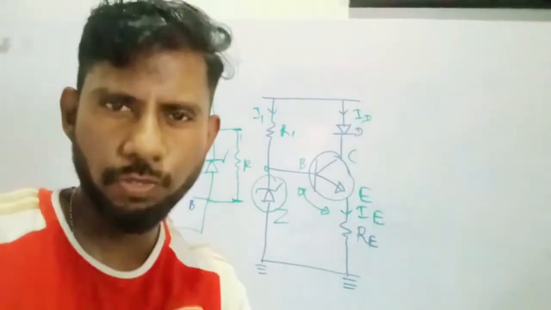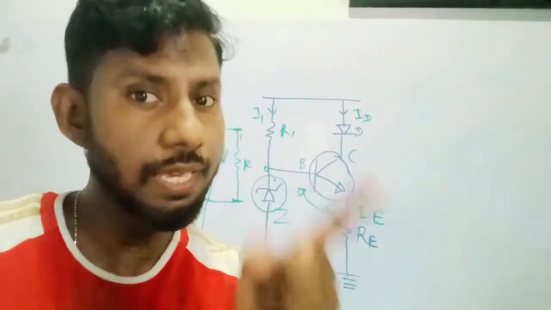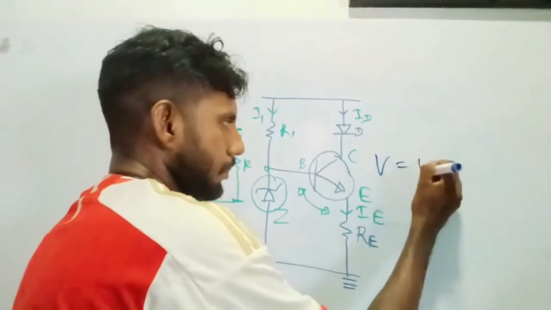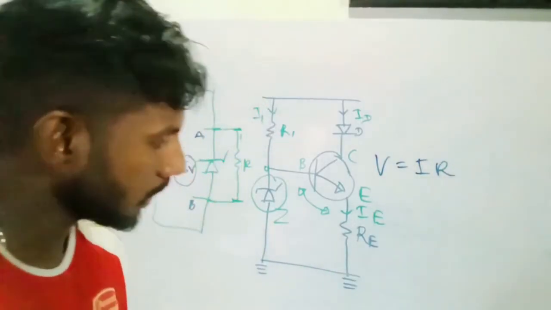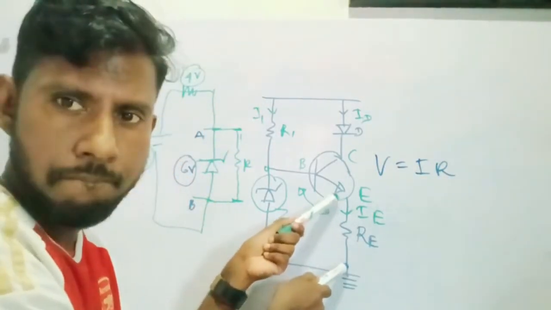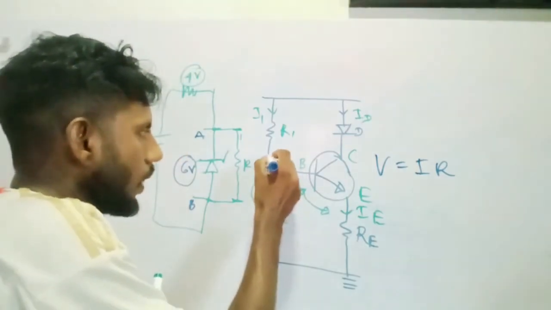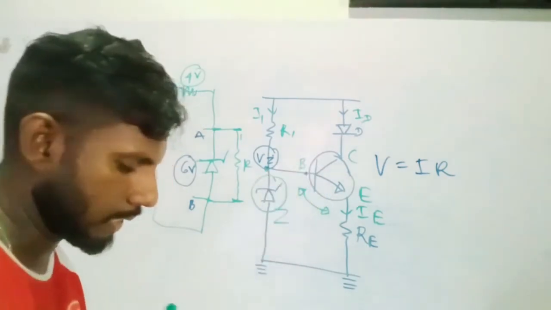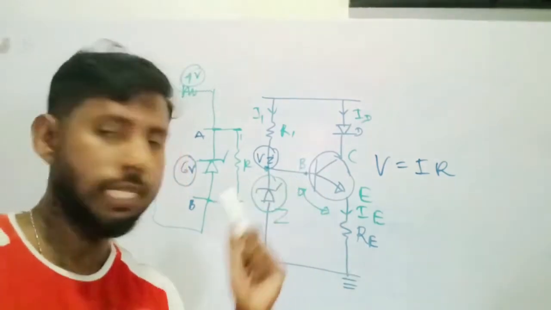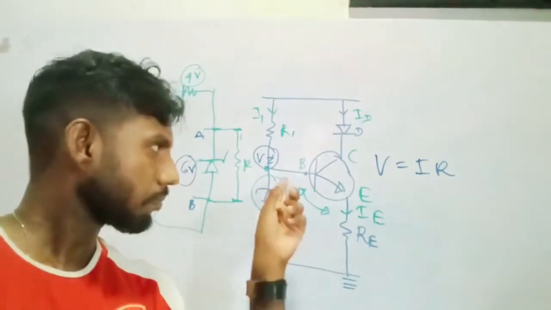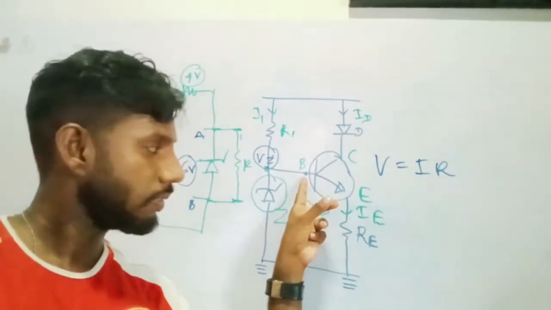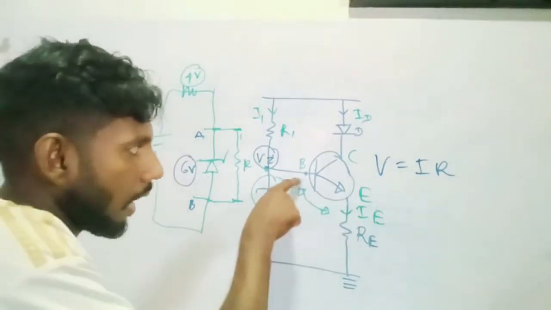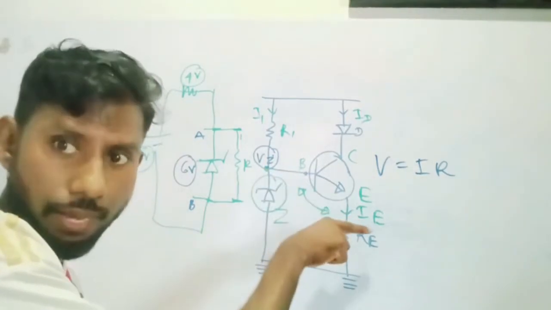So basically what we have to do is apply V equals IR to this. So what's the potential difference across Re? The potential here is Vz, right? So the potential at the B terminal here will be Vz as well. The current comes from B to E, forward bias.